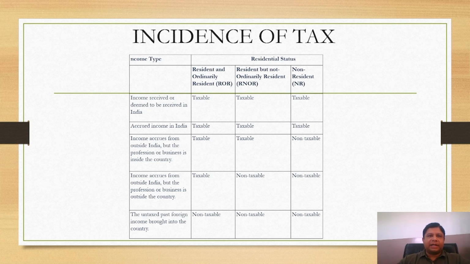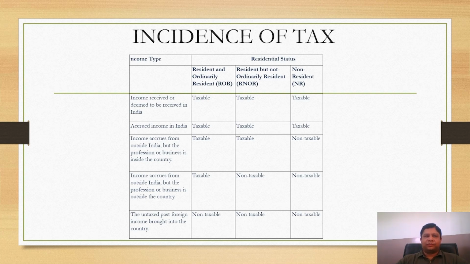Third income, income which accrues or arises outside India and is received outside India from a business controlled from India, is taxable in case of resident and ordinary resident and not ordinary resident. This income is not taxable in case of non-residents.